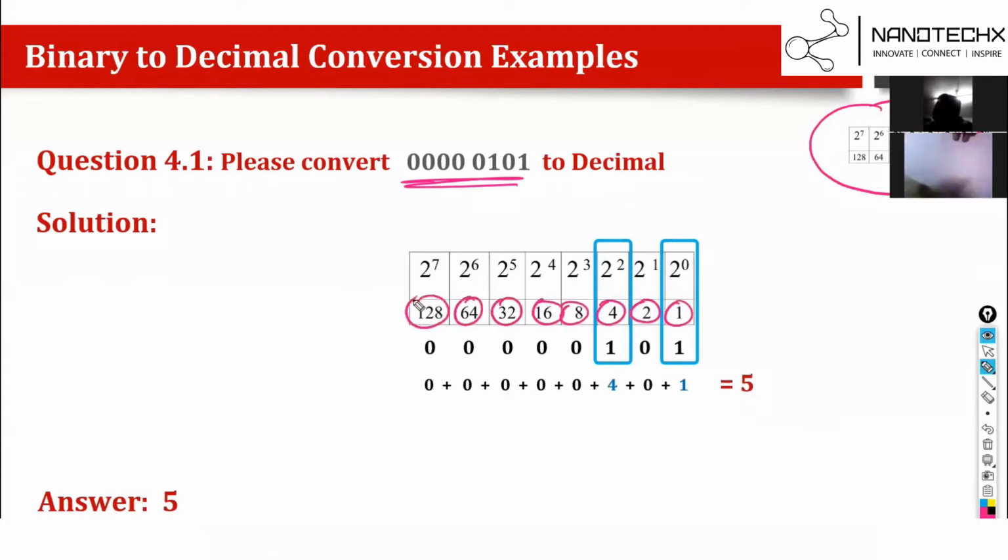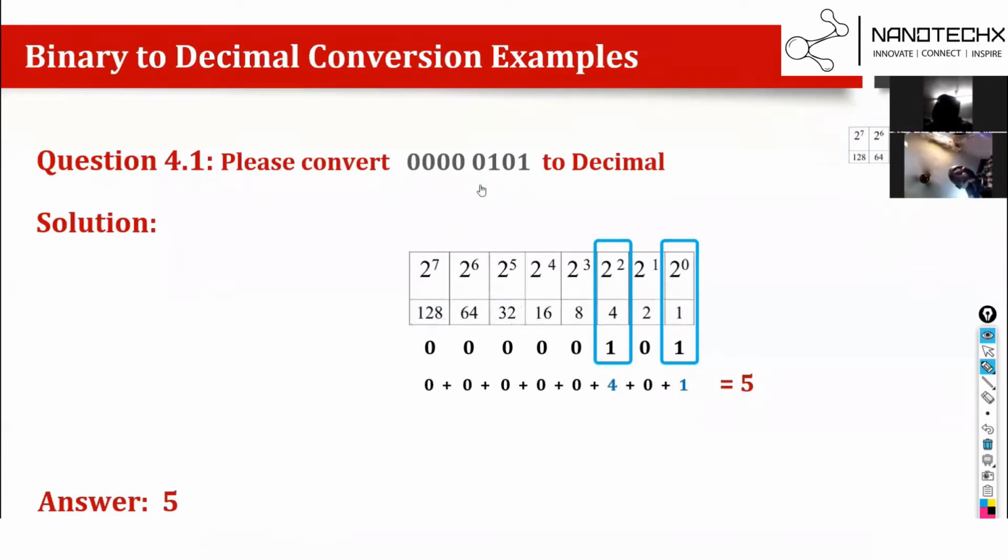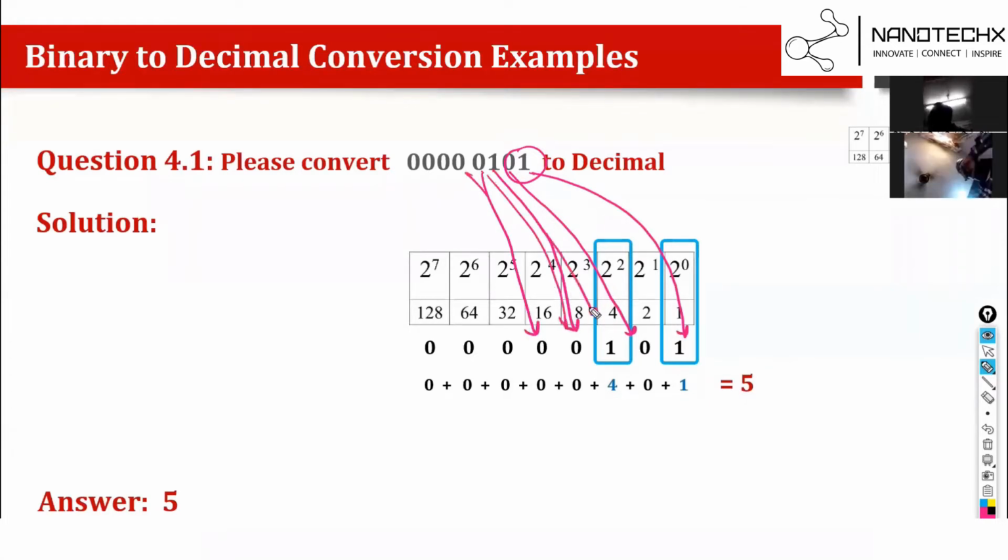Just start moving: 1, write 1 below it, 0 should be here, 1. The number which we have to convert, we just keep on writing that number up to here. I missed one of that one as well. So this one is this. And then we need to multiply these numbers. There is a multiplication between these two. We will do it when I write, I think you will understand more.